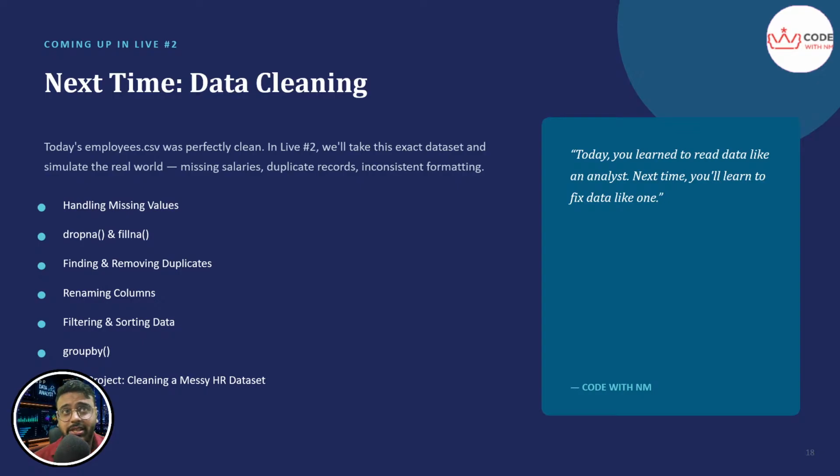I won't change anything, the columns and everything will be the same, but I will turn it inside out and simulate what happens in the real world. Some salaries I will take out, so they go missing, some employee records get accidentally duplicated, and some column names come in inconsistent format.